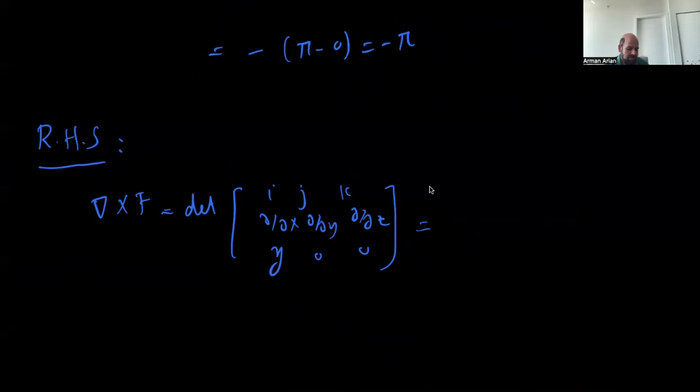So first row, first column, if I delete, I'll get 0i. First row, second column, I'll get 0k minus 0j, so 0j. And then first row, third column, so then minus 1k. So this is minus k.